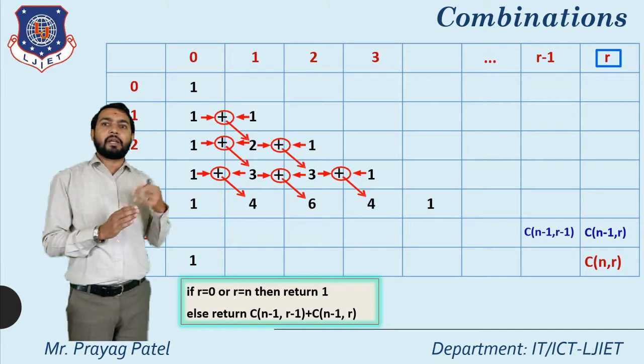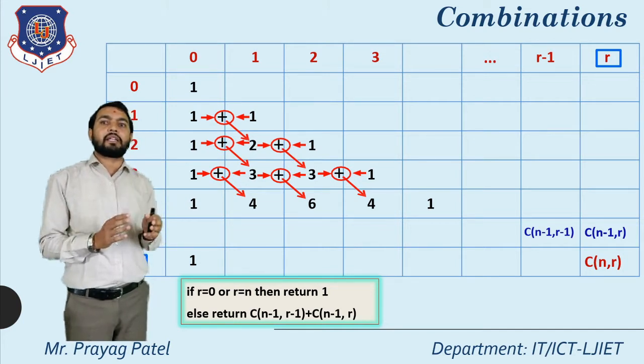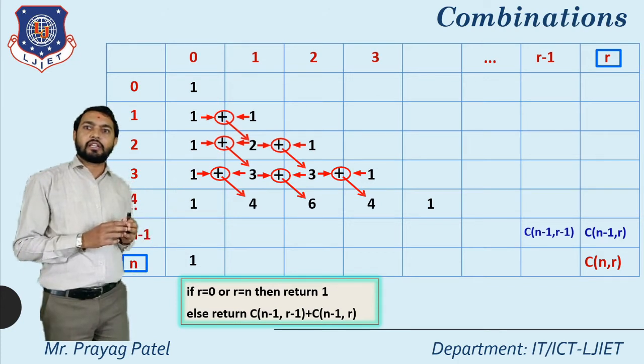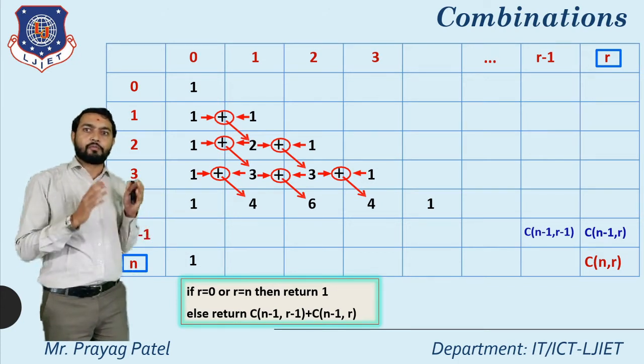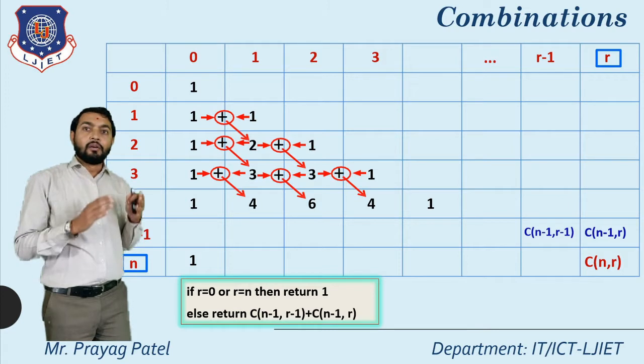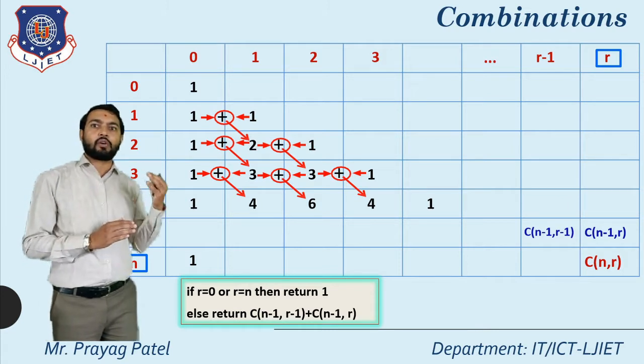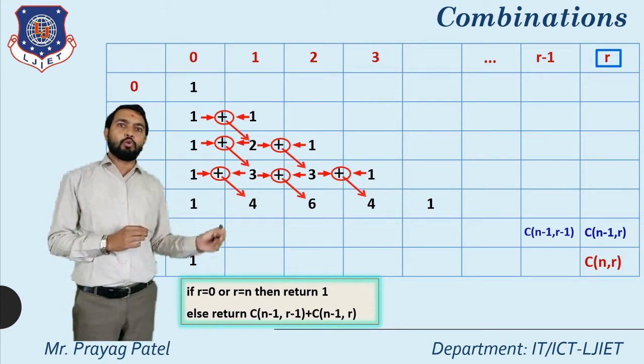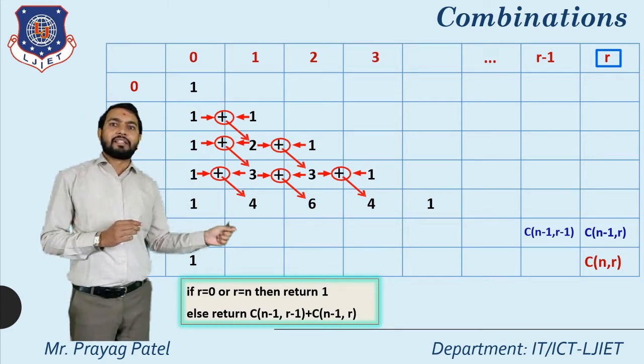Here we can see the different ways possible for selecting elements from the available n elements. For example, consider C(4, 2), that means 4 elements available in a set, and from the 4 elements we have to select only 2 elements. Then n equal to 4, r equal to 2, so the answer is 6.